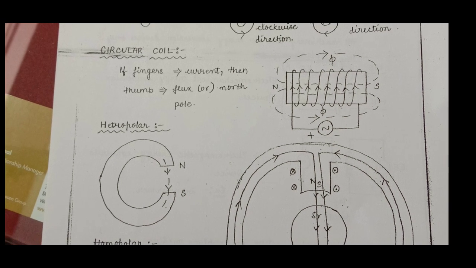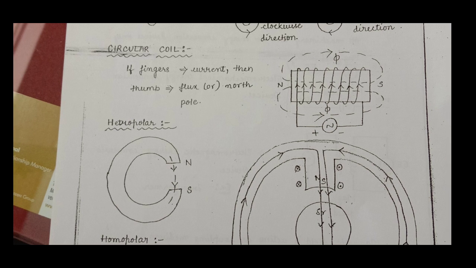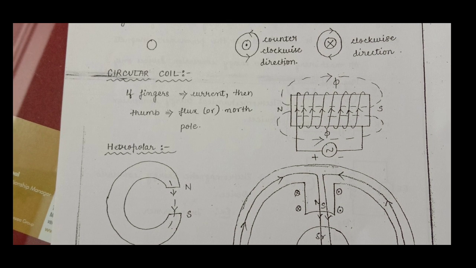So for a circular coil, the flux direction can be found by the right hand thumb rule.